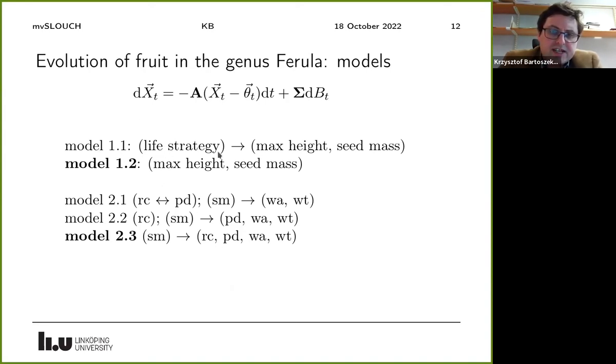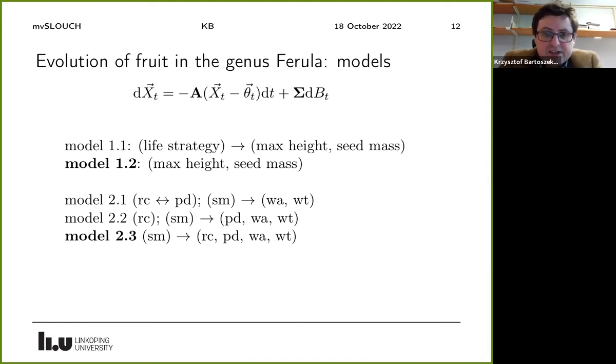One where you have the live strategy binary variable present, and he asks whether the live strategy influences the maximum height and seed mass. The way that this influence is done is that the stationary expectation of the OU process is different for each live strategy.